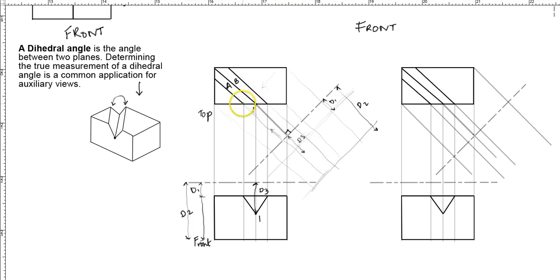Okay, going to project these lines, these edges. A is going to come all the way up till here. B is coming all the way up till here. We have point 1, which is right here. And now all we need to do is connect these.